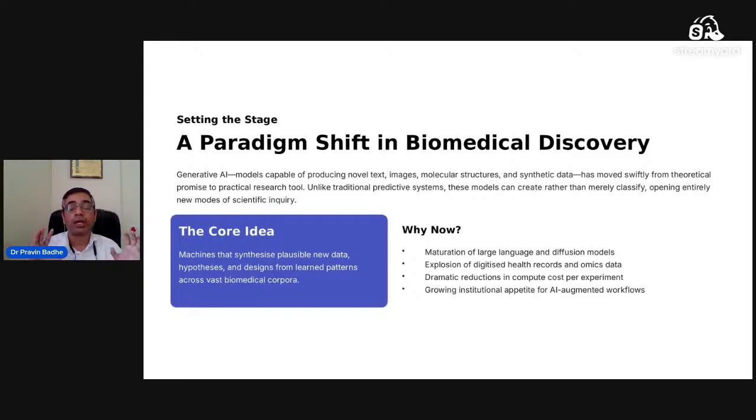Then the third thing is that there is a reduction in cost per experiment, because when you are designing the experiment using the AI, you are trying to minimize, and a lot of other things which are involved can be reduced due to the experiment which we design using the computer.